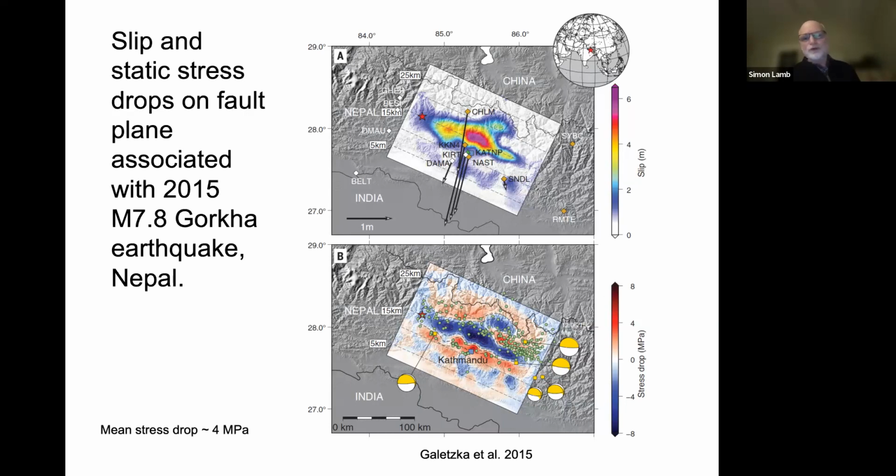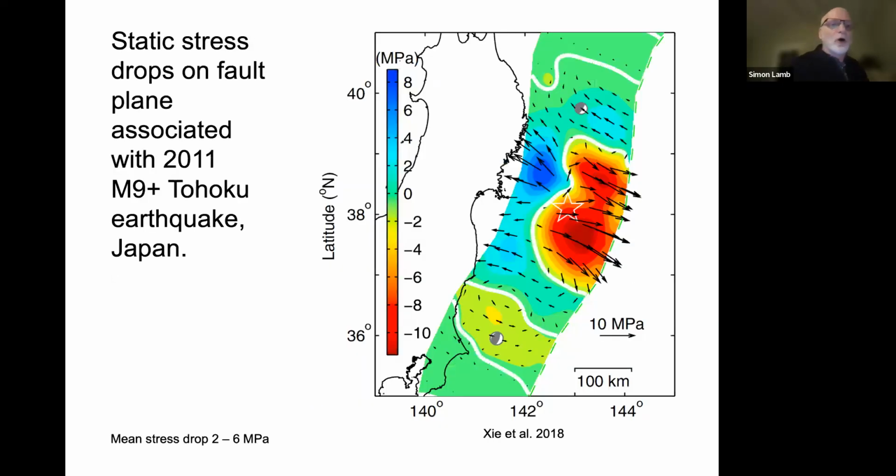It's often just a few megapascals. So that's the typical stress change that's taking place during an earthquake. And here's an example of the magnitude 9+ Tohoku earthquake in Japan. And again, this is a big subduction megathrust earthquake.